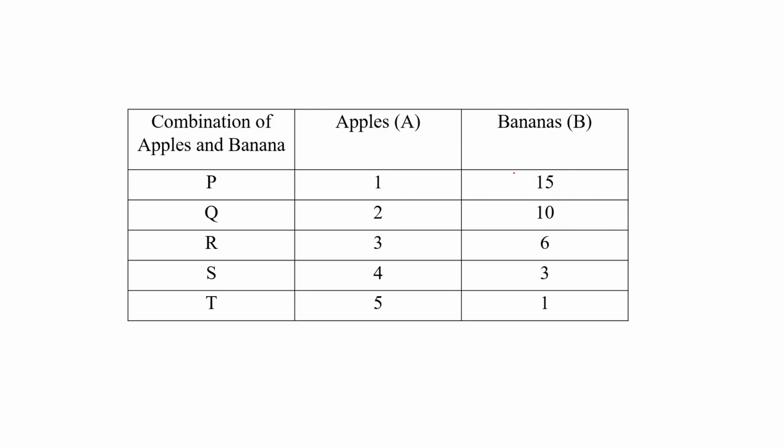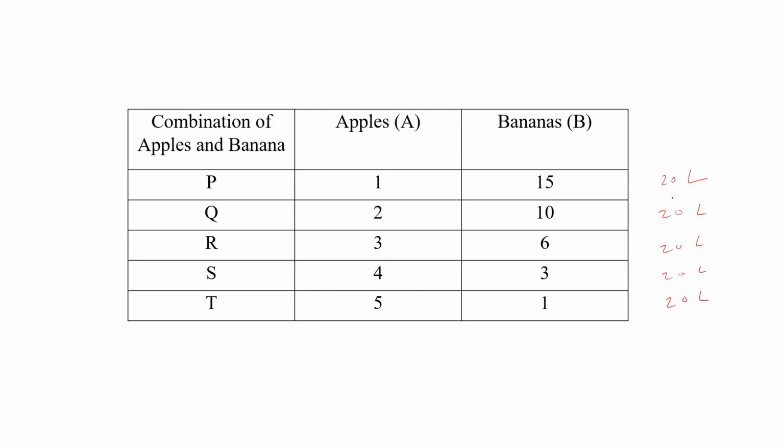So these are the different combinations of two commodities by consuming which you get equal satisfaction. And if we represent them in cardinal utility, maybe these are 20 levels of satisfaction.